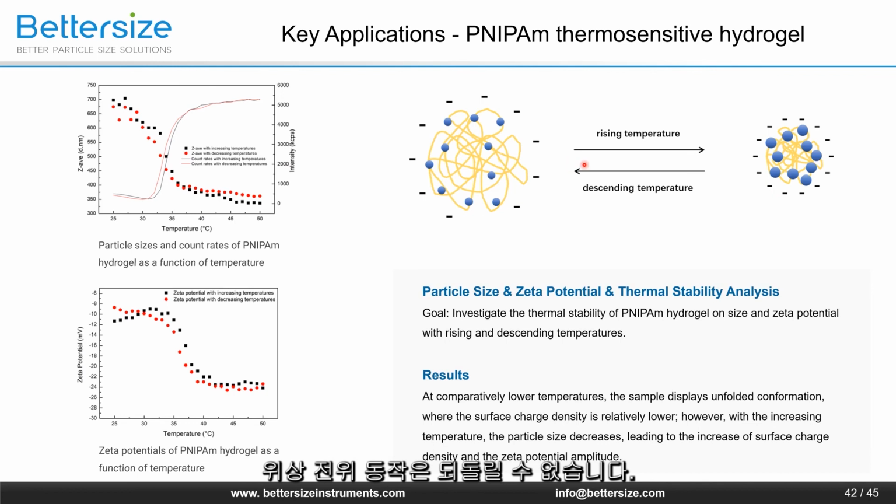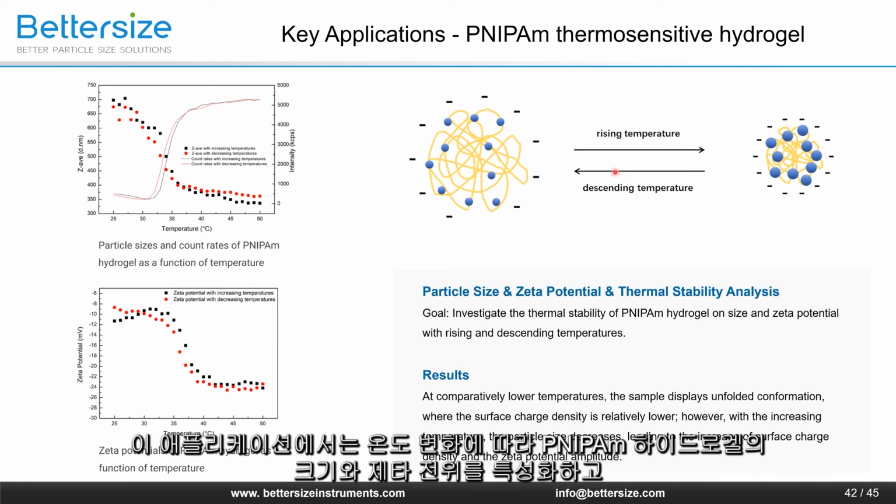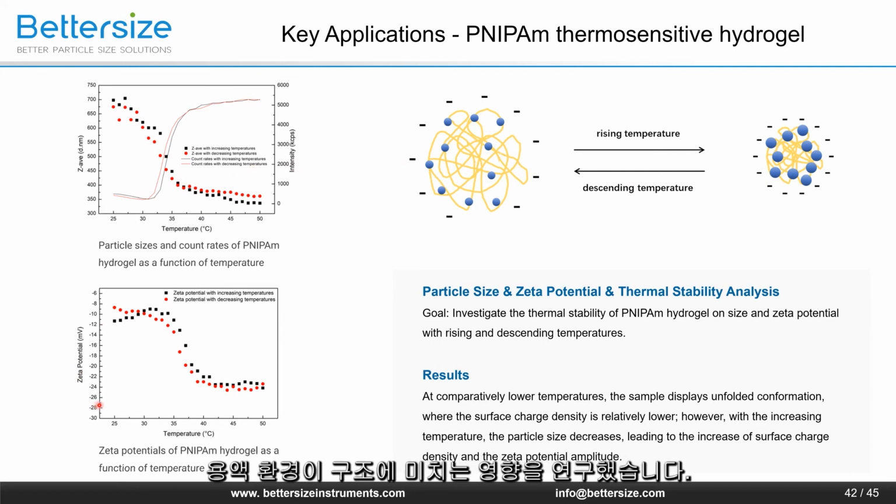The phase transition behavior is reversible. In this application, we characterize the sizes and zeta potentials of a NIPAM hydrogel with the change of temperature and study the impact of solution environment on its structure.